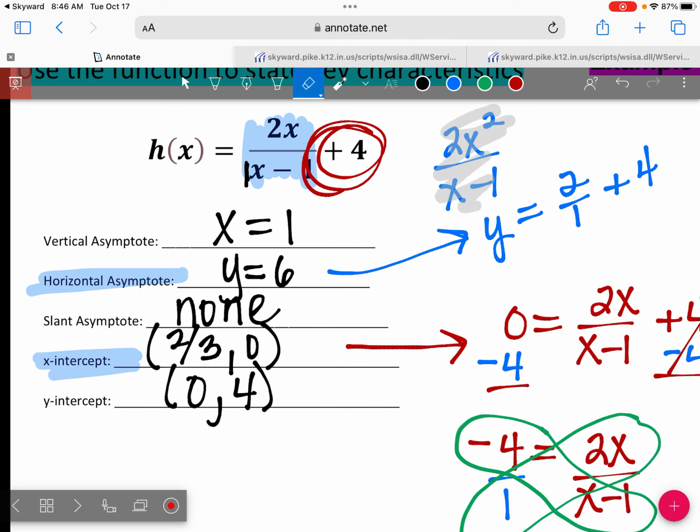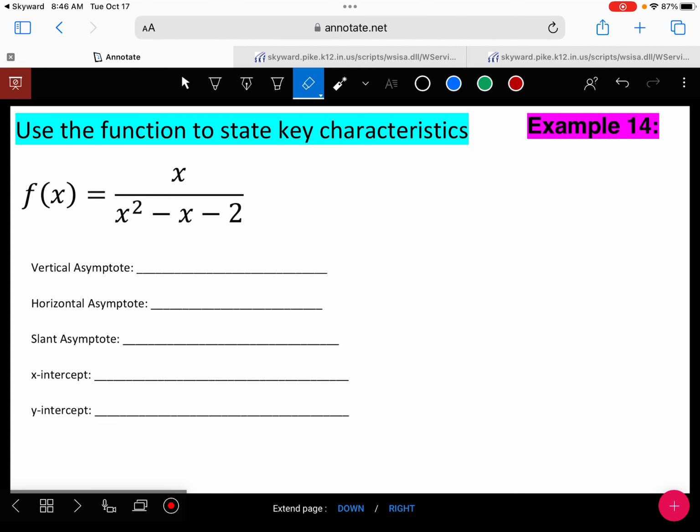All right, so I want to finish it out. So we only have time to do one more. So I think I will do number 14. So let's look at 14 because that one is pretty straightforward. So we'll start off with factoring your denominator. Always start by factoring. That should always be your first step. Go ahead and factor your denominator down for 14.